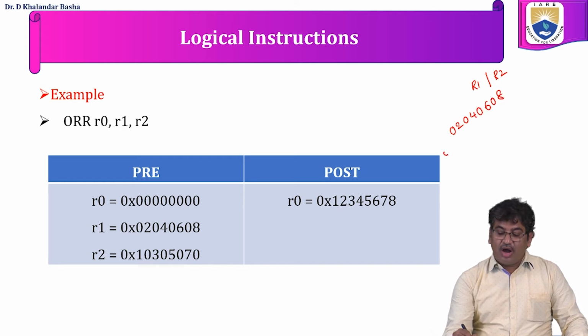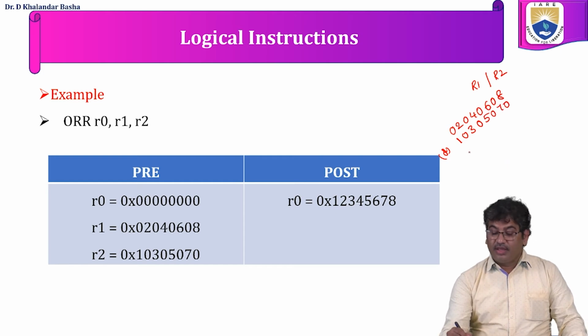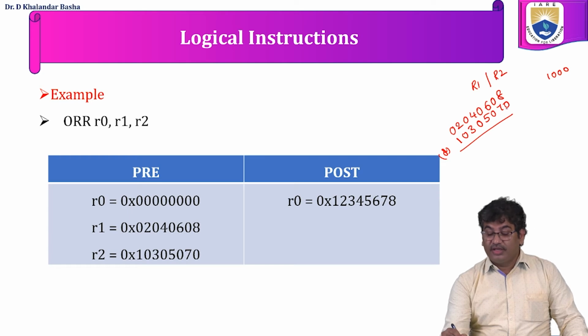This will be ORed with 1, 0, 3, 0, 5, 0, 7, 0. I am taking only the LSB digit, that is 8, which we can write as 1, 0, 0, 0. 0 we can write as 0, 0, 0, 0.